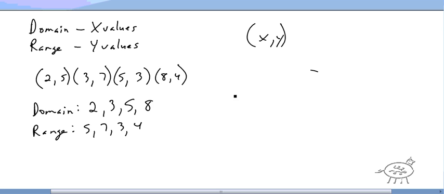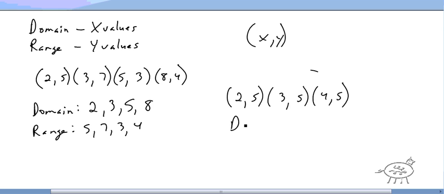Okay, and if I had some things repeated, let's say I had 2, 5, and 3, 5, and 4, 5. Okay, the domain is going to be 2, 3, and 4, and the range is going to be just 5. Okay, you don't tell me 5, 5, and 5. It doesn't really make sense to tell me that's what the range is.